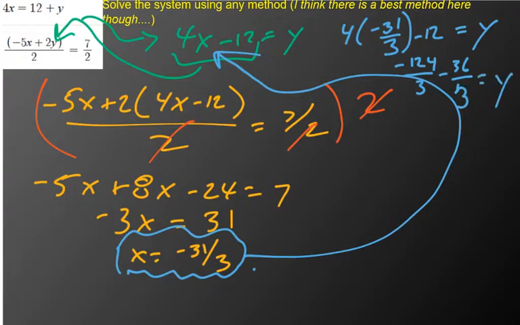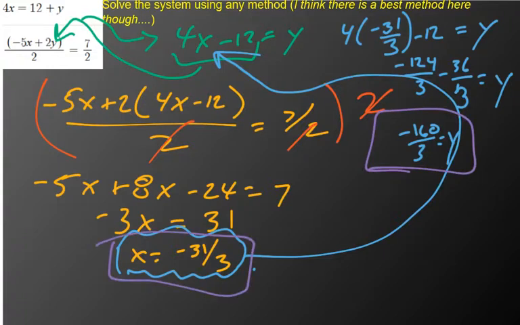And then I'm running out of room, but negative 124 minus 36 is negative 160. So that over 3 would be y. And you can check it, but I know they work. If you take a graphing calculator or something, and you plug in these two equations up here, you will see that they actually intersect at those two x and y points.